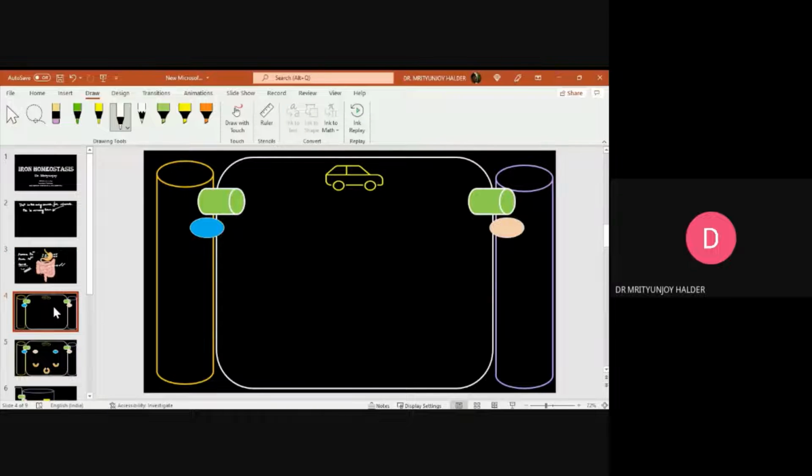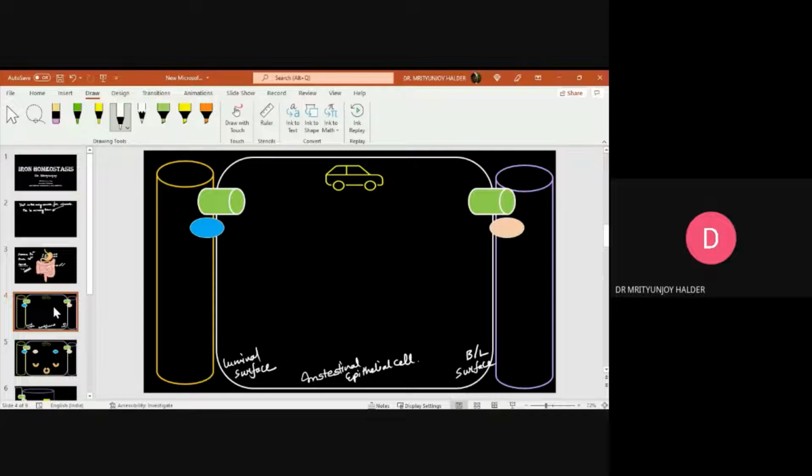So here in this diagram, the central one is the intestinal epithelial cell. This side is the luminal surface, that means the GI lumen is there, and this side is the basolateral surface.